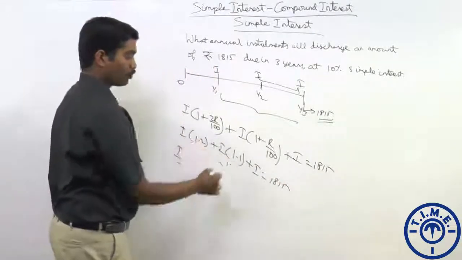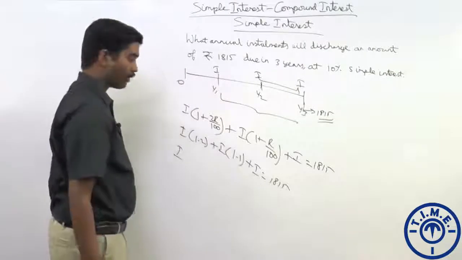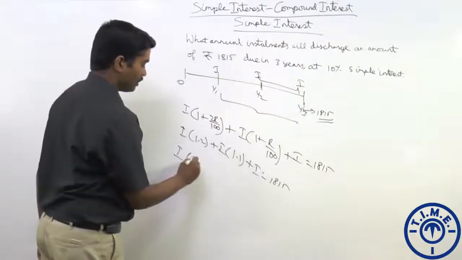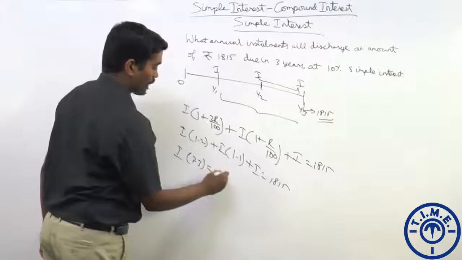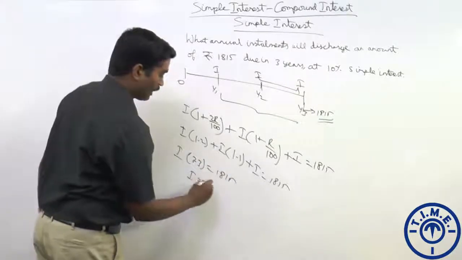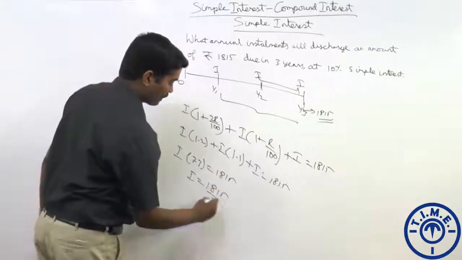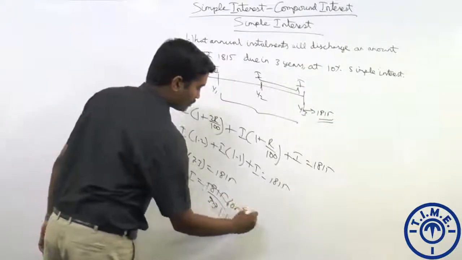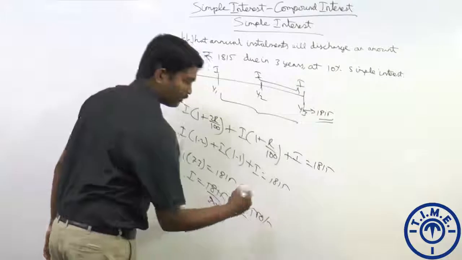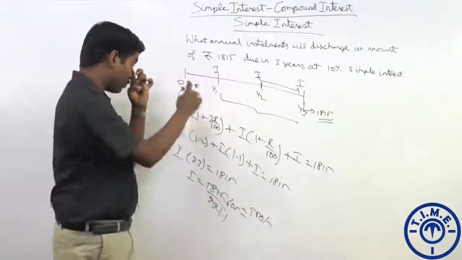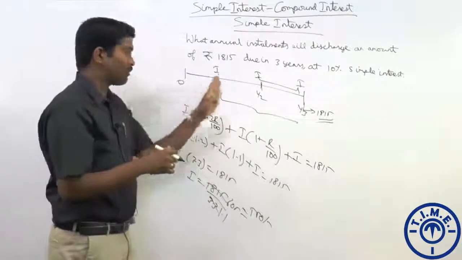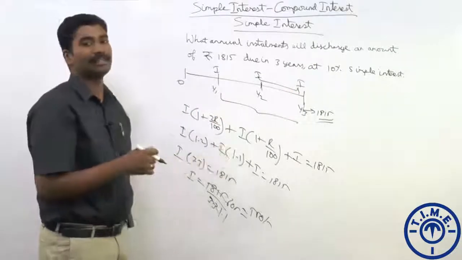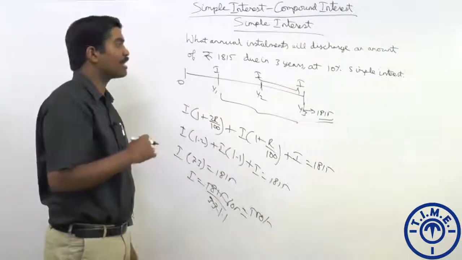I into (1.2 plus 1.1 plus 1), which is 2.3 plus 1, is 3.3, is equal to 1815. Therefore, I is 1815 by 3.3, which is 550 rupees, which means if I were to pay 3 installments of rupees 550 each at the end of 3 years, I can actually discharge my loan completely.